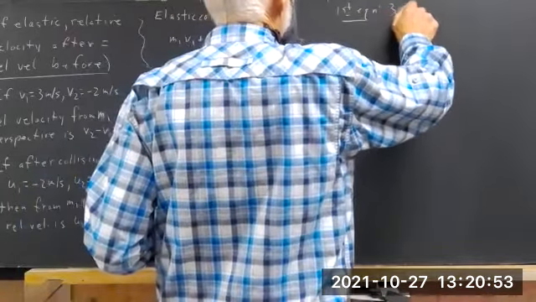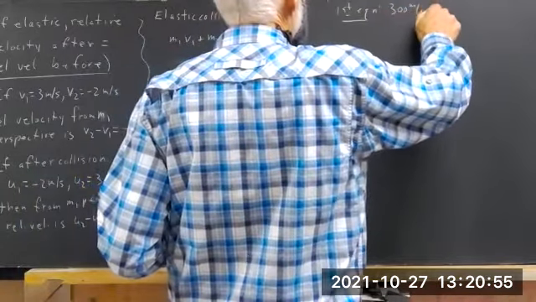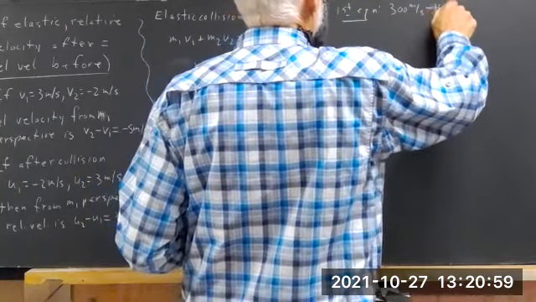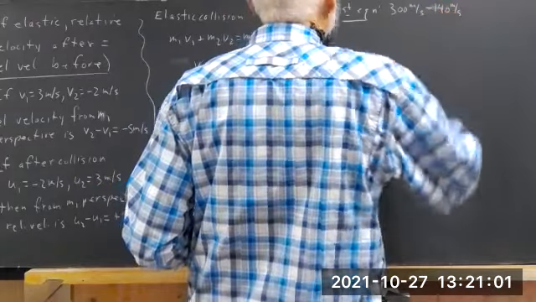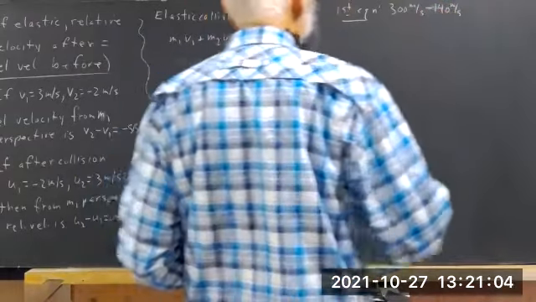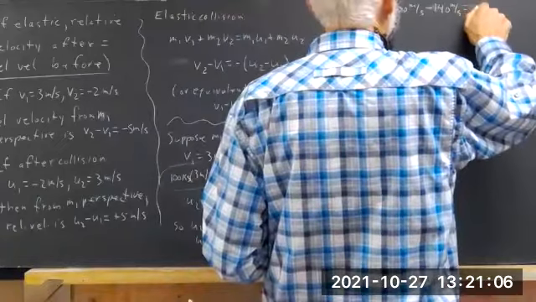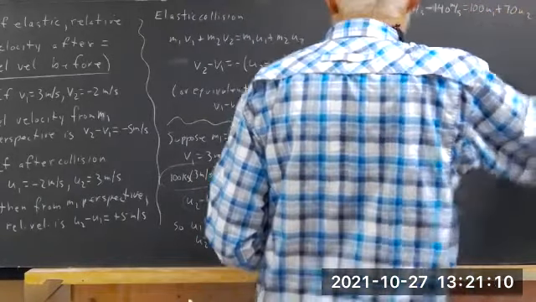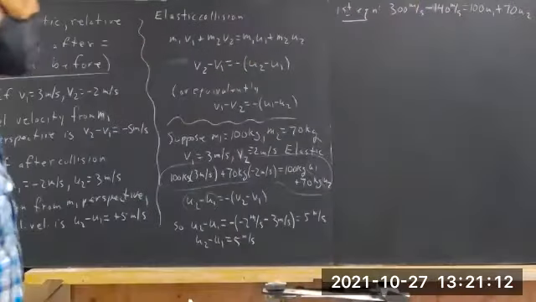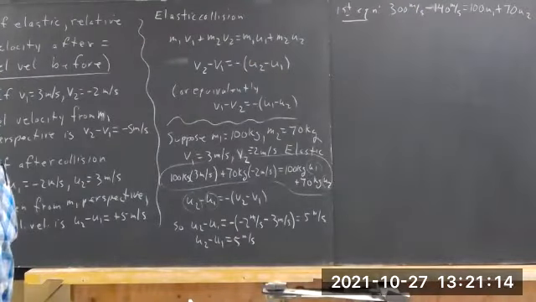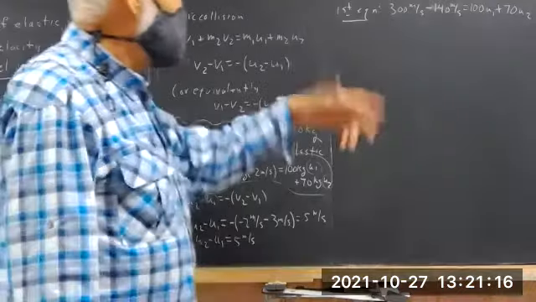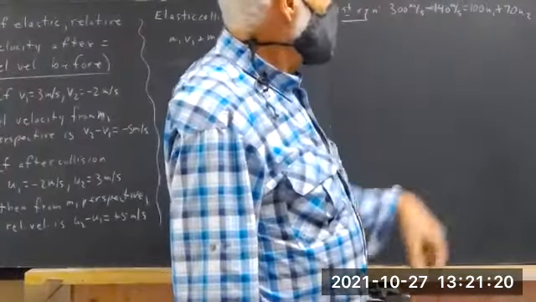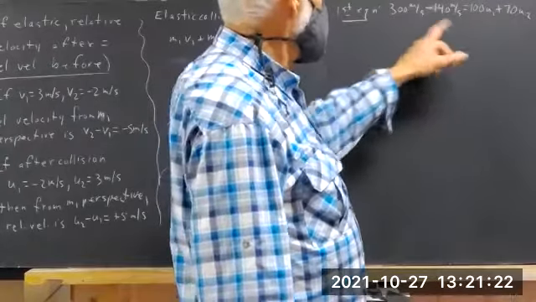I get 300 meters per second plus, well, minus 140 meters per second equals 100 U1 plus 70 U2. So my units get a lot simpler. And we can see now that if I knew U1 and U2, they'd be in meters per second, that would match.